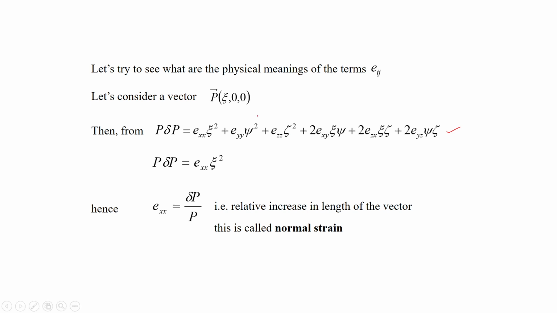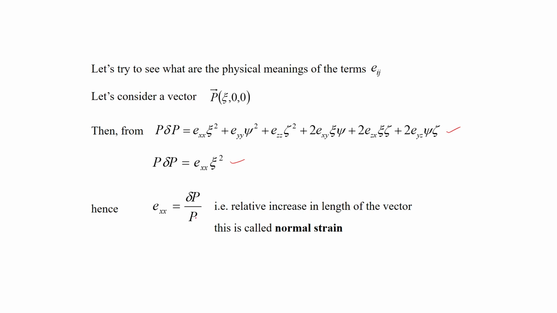So, psi is equal to 0 and zeta is equal to 0. So, we have P delta P is equal to Exx xi square. Therefore, this Exx will be equal to P delta P by xi square, and since this vector is defined as xi 0 0, its magnitude is actually xi. So, essentially Exx is equal to delta P by P.